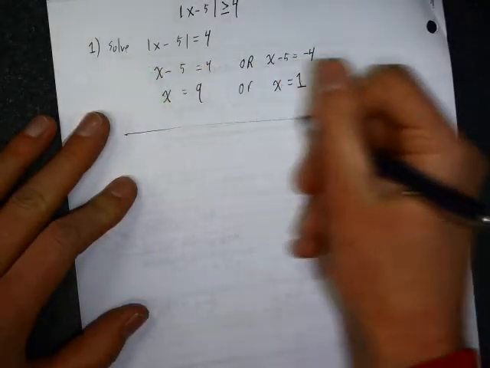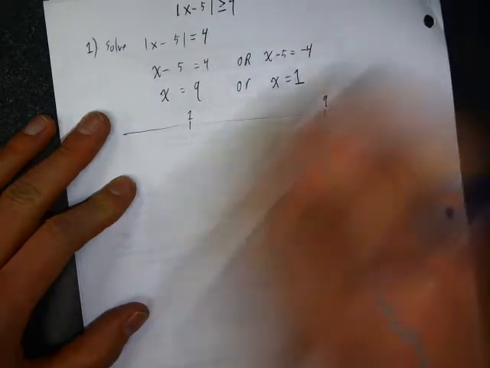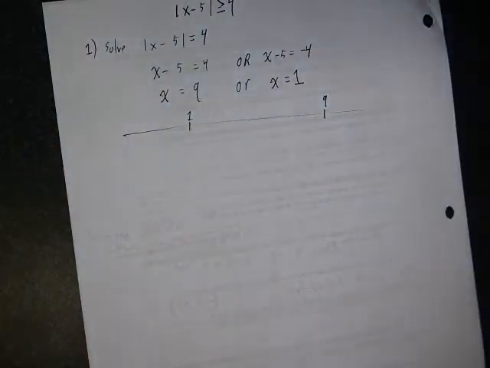So let's draw them out. There's 1, there's 9, and now we'll play the between and beyond game. Maybe I'll check a number between, and then I'll split up the beyond into subsets of you guys. So what's the number between 1 and 9? 5. Okay, sure.